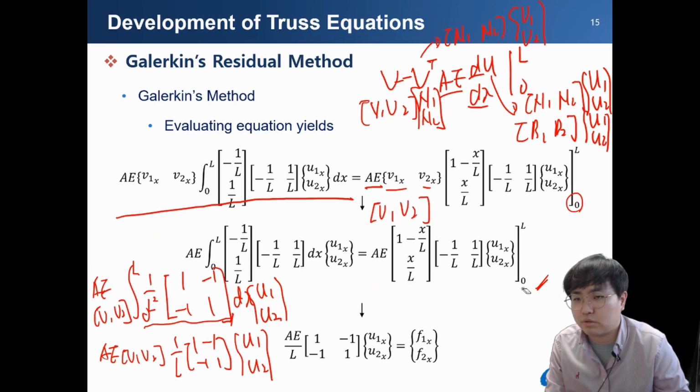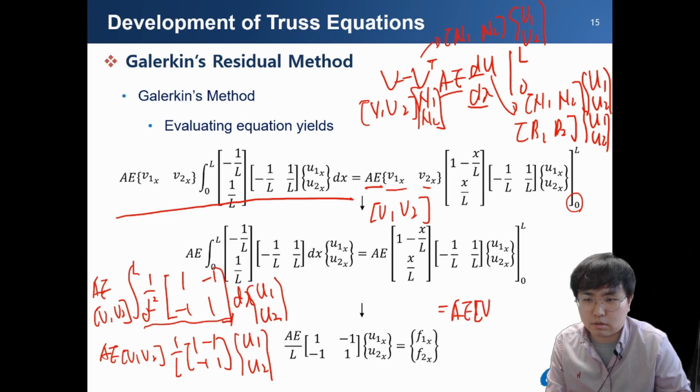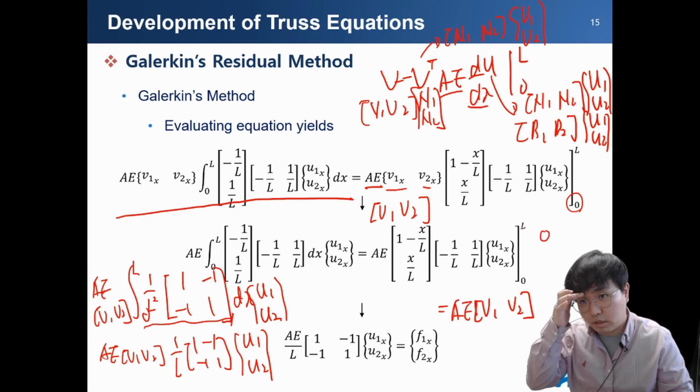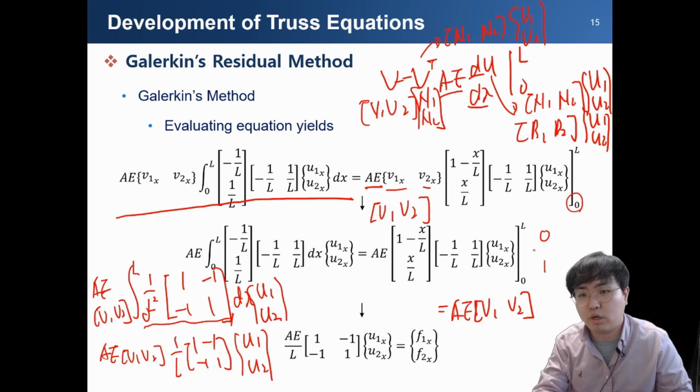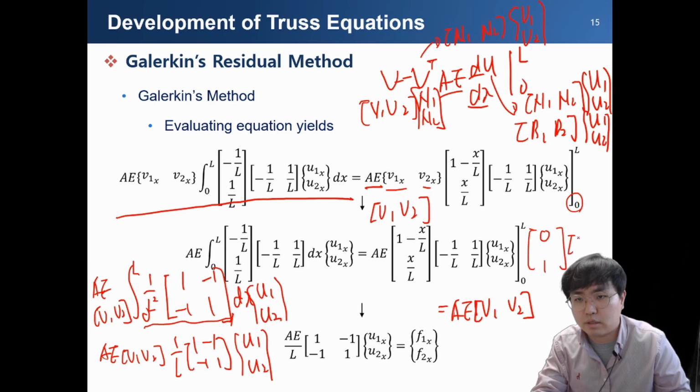I don't have enough space, but the right hand side is equal to the AE v1 and v2 vector, and 1 minus, so they do not perform this one. After applying L, this big part is equal to 0, and this part is equal to 1.